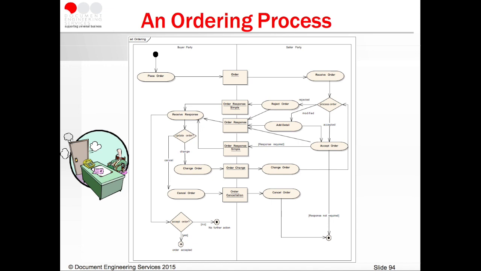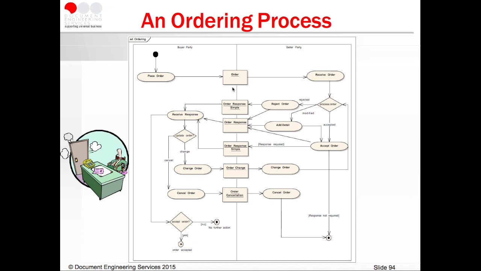That may involve some responses back to the buyer party, and it may involve accepting or changing the order. When the whole process has been complete and the buyer party has received their response, the buyer party then decides to proceed or not. So that's a typical ordering process.